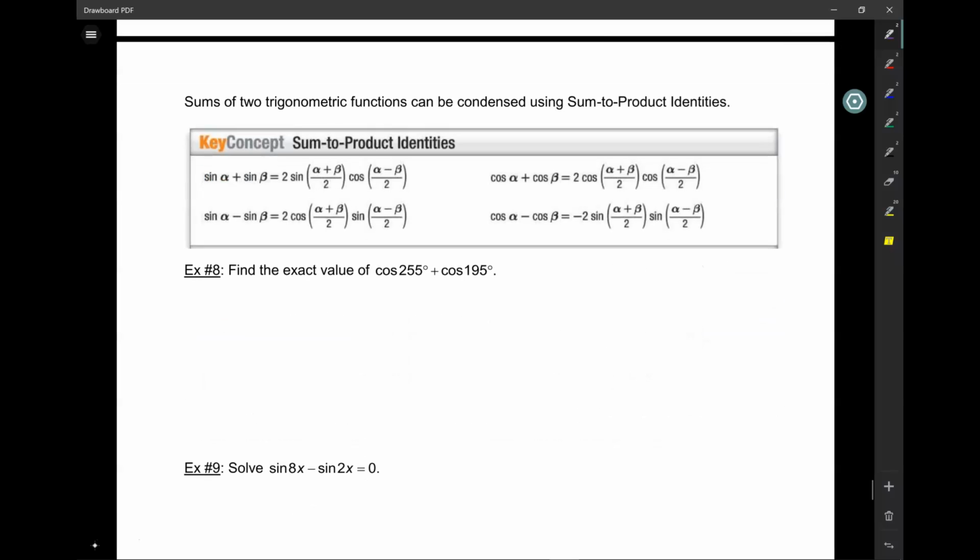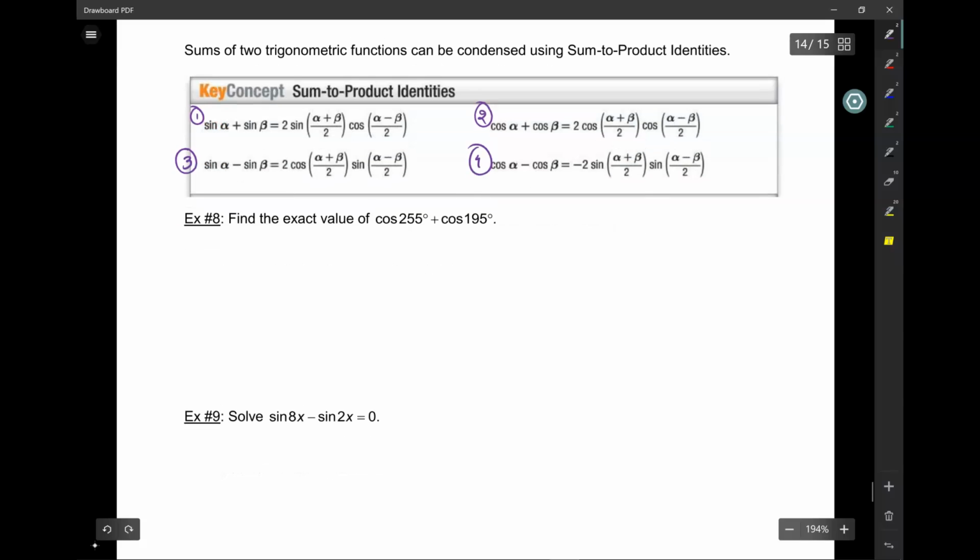And then you have sum to product. So you have sine of an angle plus sine of another angle, and so on. If we label these the same way, 1, 2, 3, 4, which one do we use for number 8 here? 2 it is. Cosine, cosine.